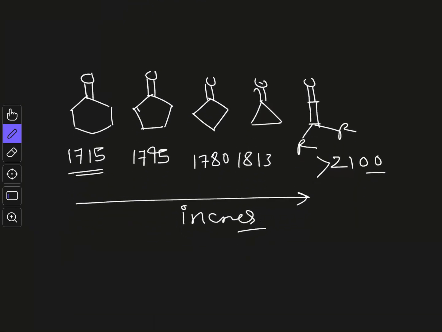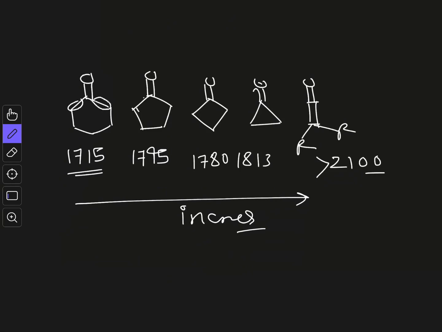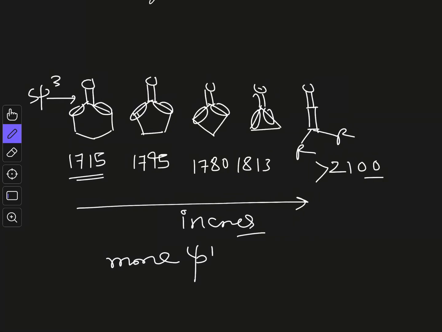So one explanation is, as the ring size decreases, to form these bonds carbon will use orbitals of more p character. Why? Because you can see this bond is fully sp3 hybrid, but if you consider this bond, a fully sp3 hybrid cannot form this bond because the bond angle here is 90 degrees.